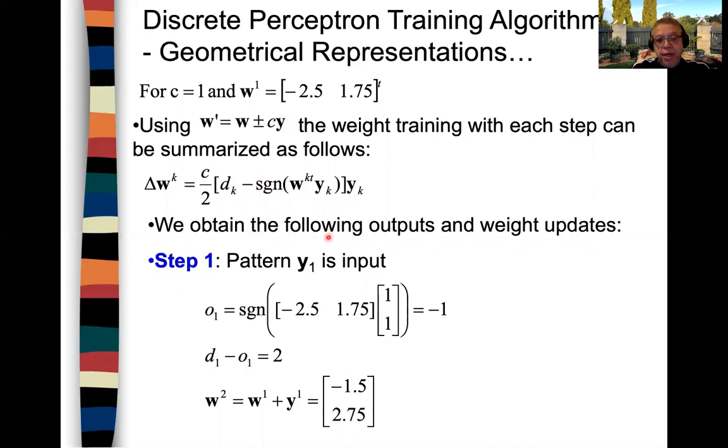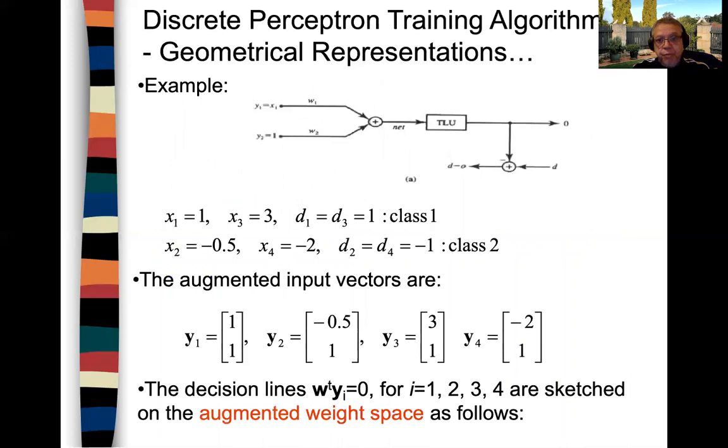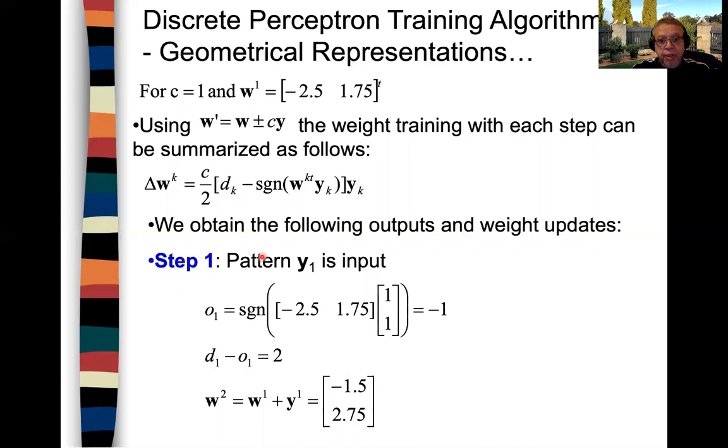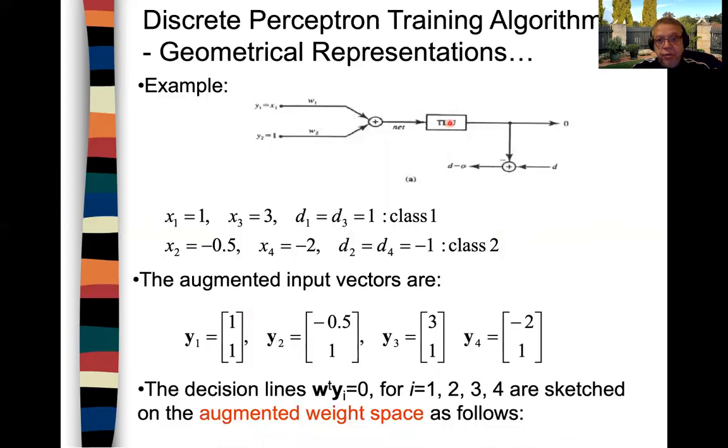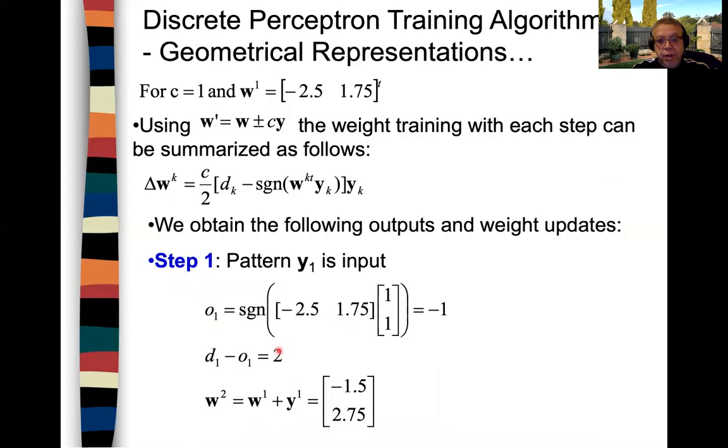So let's see how this works for input pattern 1. My first output O1 would be equal to the sign, because I have a TLU here, of W transpose, which in this case is [-2.5, 1.75], times my first input pattern.